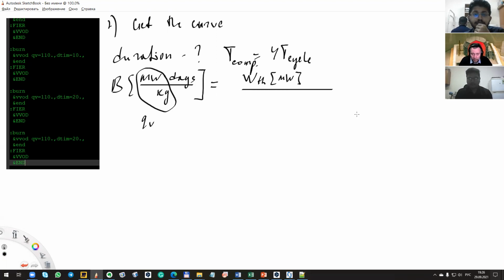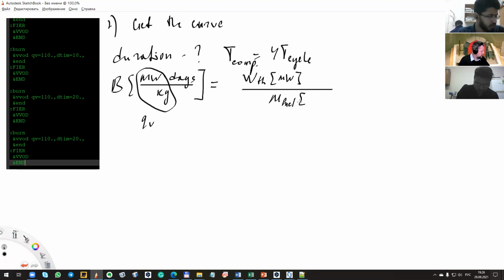Mass of fuel. What is the mass of fuel? How many tons? It's almost around 180 tons. No, too much.